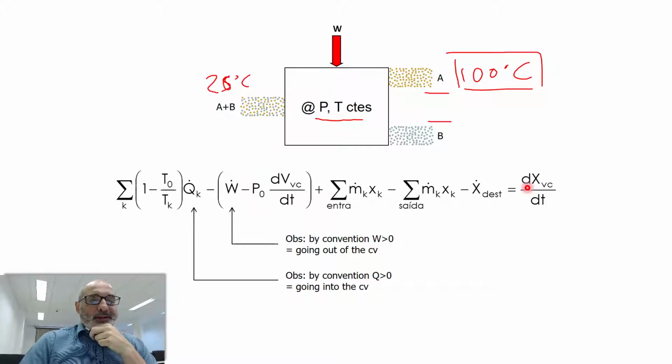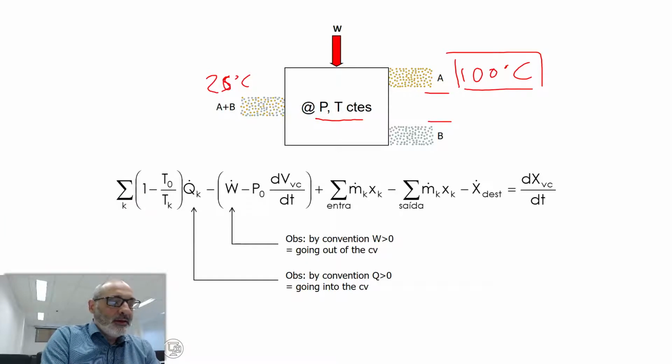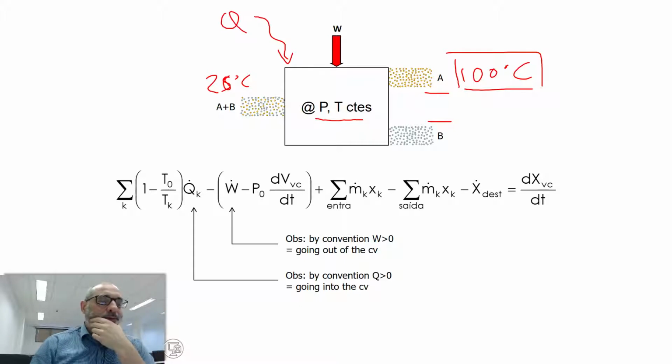So we're going to apply this equation to this process, a separation process occurring at constant pressure and temperature, okay? So just to remind, what are the components of our exergy balance here, okay? This first term here: if I had heat, Q, being transferred to my system, I know that it contains a certain amount of exergy, okay?